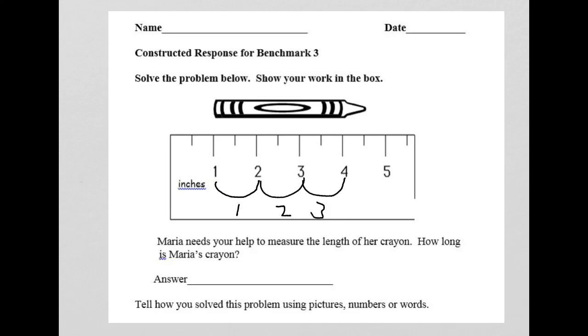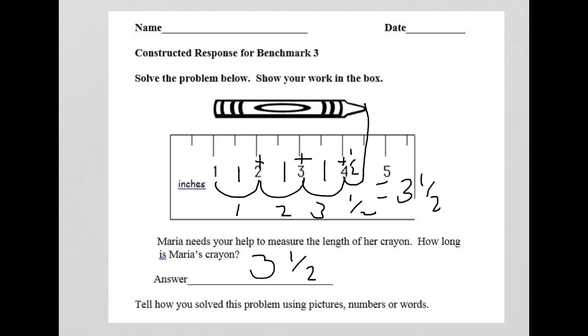There would be 3 inches. And that would be a half. So I would redraw this picture down at the answer and show that 1 plus 1 plus 1 plus 1/2 equals 3.5. So my answer would be 3.5, and we see that our symbol here is the inches. So that's one way to solve the problem.